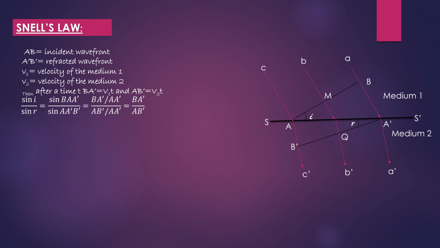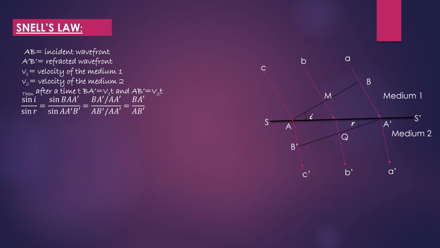Then you can see that after time t, B A dash is equal to V1 into t, where V1 is the velocity in medium one and t is the time, and A B dash is equal to V2 into t, where V2 is the velocity in medium two.